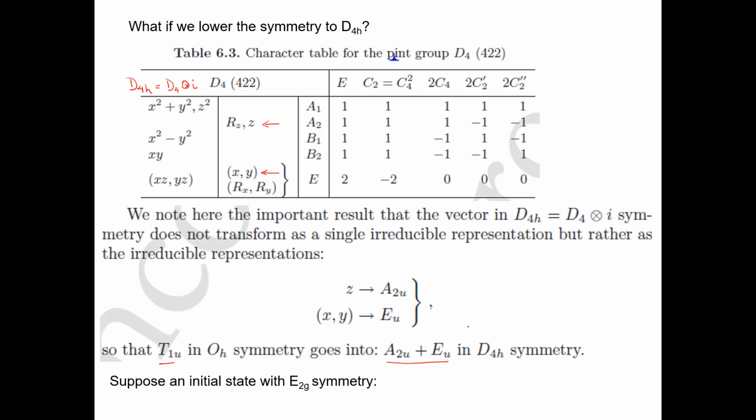Now again, let's suppose our initial state has E2g symmetry, for instance. If our initial state has E2g symmetry, we have to see what the possible final states are. We have to take the direct product of E2g and the representation of the vector, which is the sum of A2u and Eu in this case. So this is the sum of these two products.